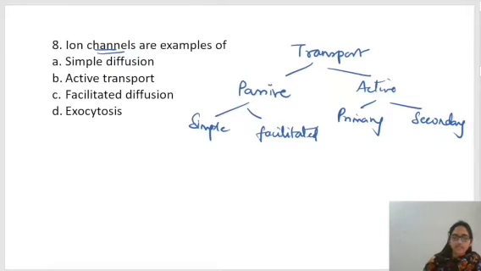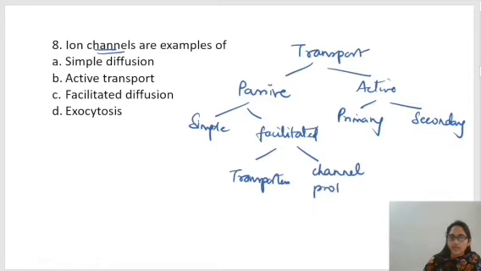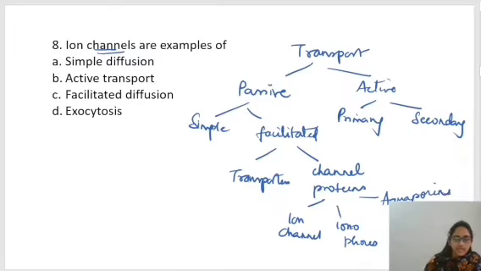Facilitated diffusion is again classified into carrier mediated, with the help of transporters or carrier proteins, and then channel proteins. Channel proteins can again be divided into ion channels, ionophores, or aquaporins, which are water channels. So this is the overall classification of the transport mechanisms.